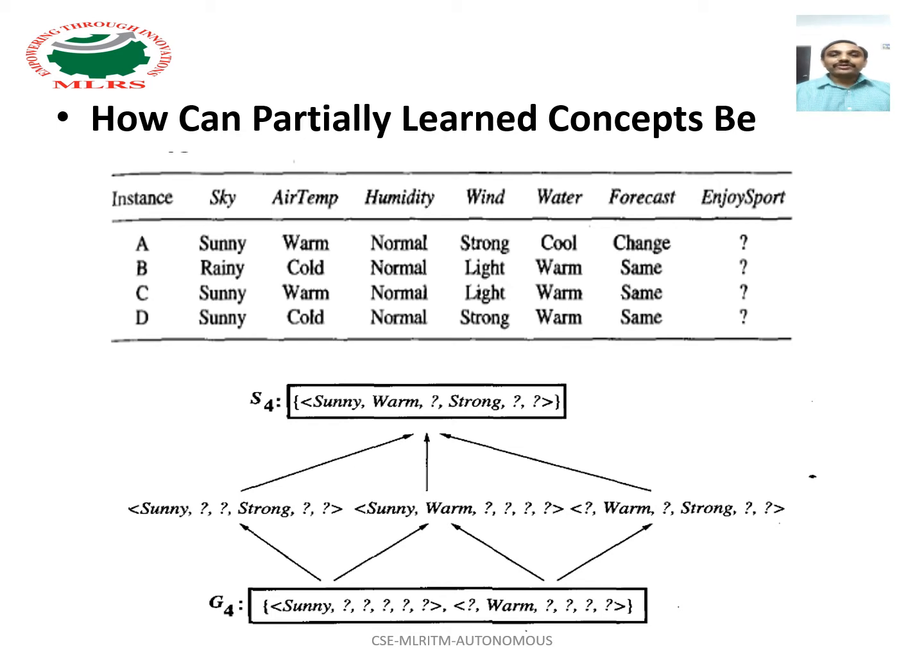In this scenario, the majority vote goes to negative. So you can take instance D as the negative one. Out of 4 instances, A is positive, B is negative, D is negative, but we are unable to determine whether C is positive or negative.